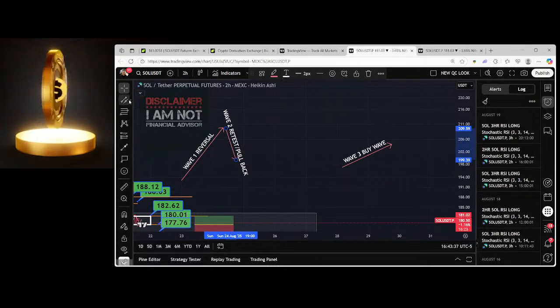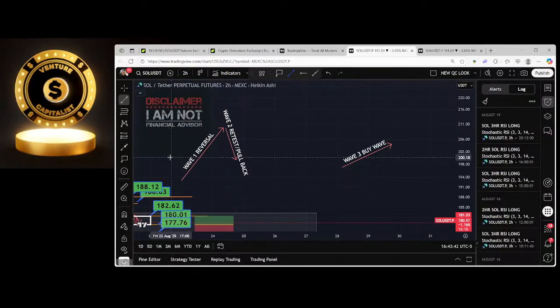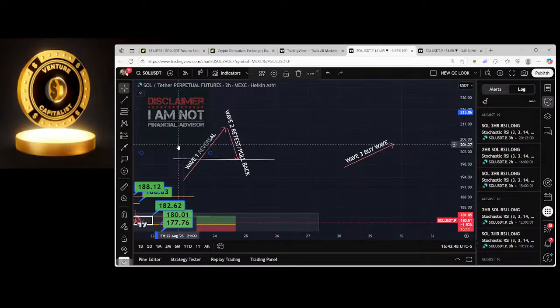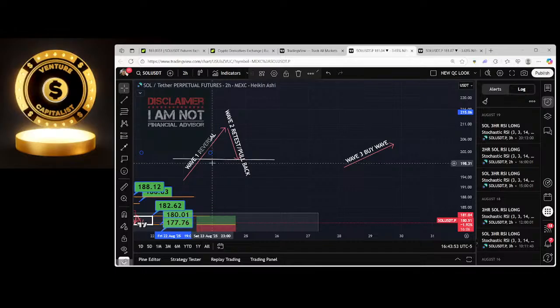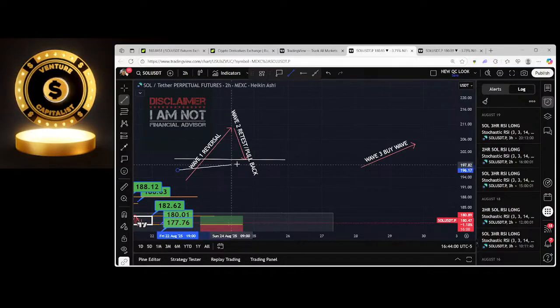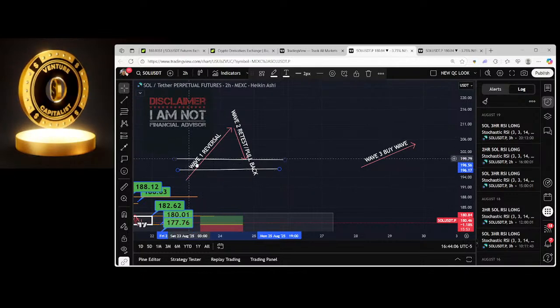Now normally there's always going to be a pullback, right? That's going to be at least 50%. So whatever wave 1 is, it's going to be 50%. And if it pulls back further than 70%, then that's not a real wave 1.